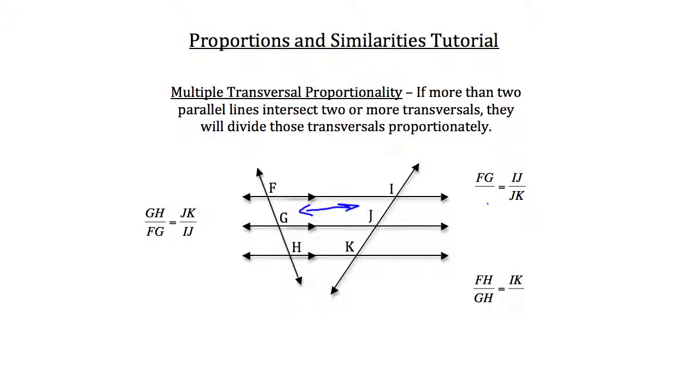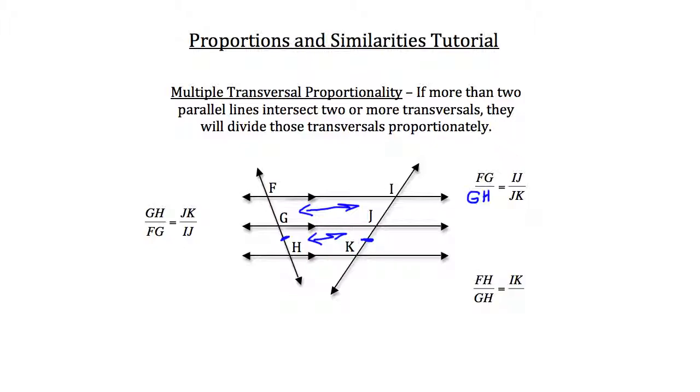And the denominator of these two proportions, the left denominator is missing, but on the right, we're looking at JK. So what segment of the other transversal on the left do you think that we'll be comparing? Well, if you said GH, then you're right. We'd be comparing GH because it's directly proportional to JK, right here.